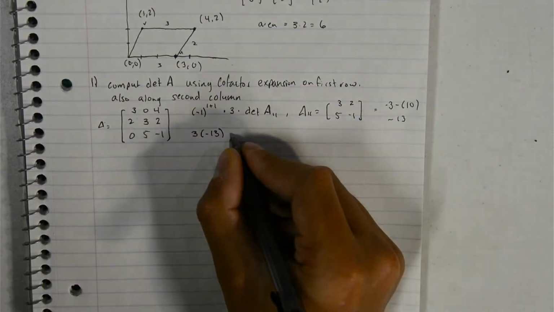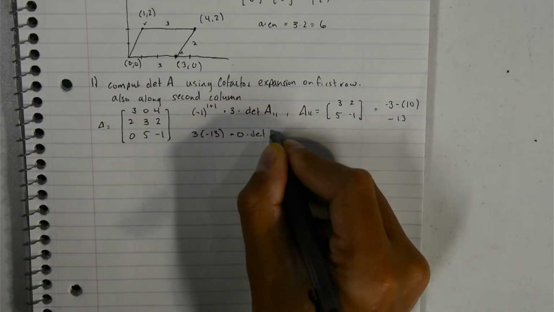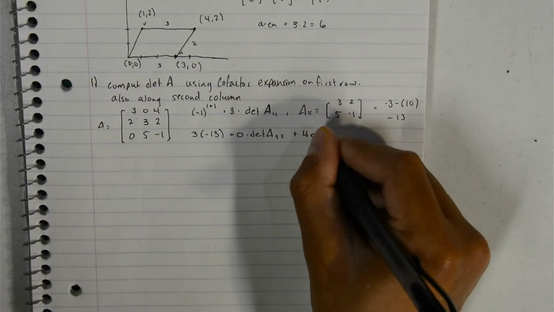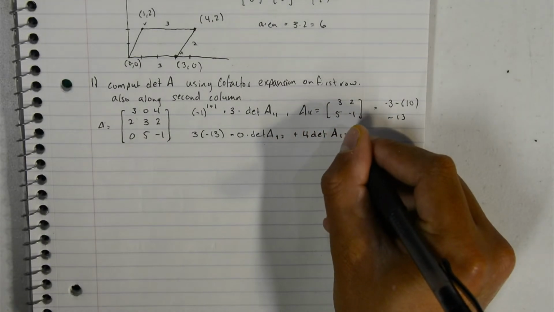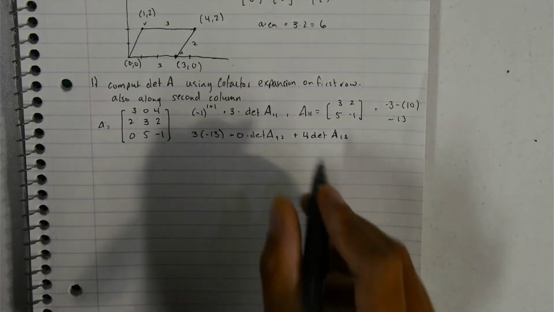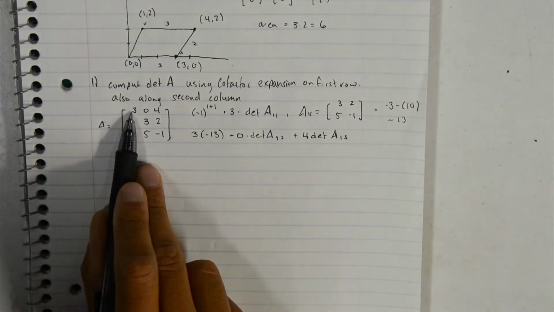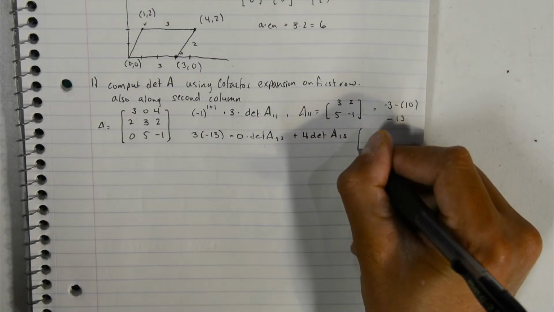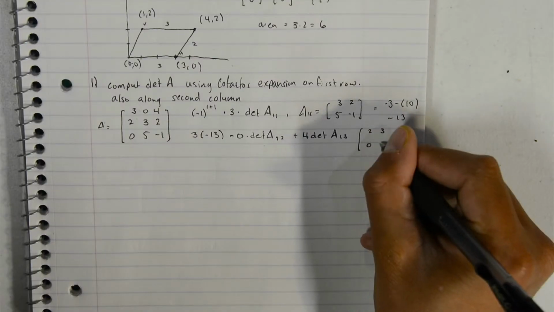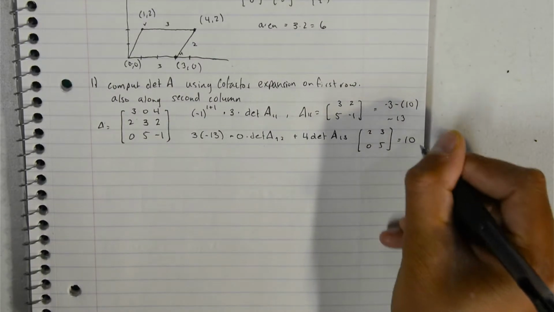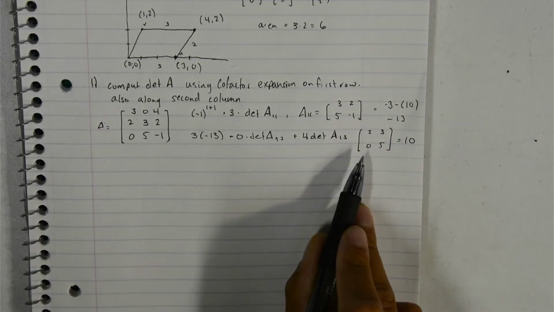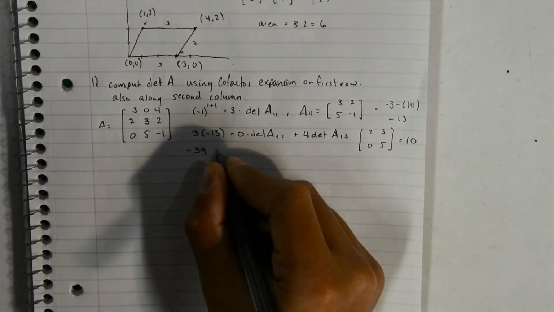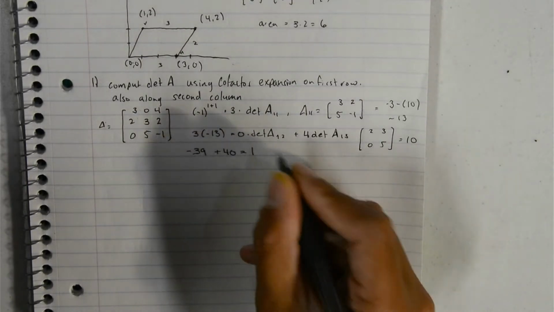Then we're going to get minus 0 times det A12. And then finally plus 4 times det A13, which is, we remove the first row and the last column. So this is going to be 2, 3, 0, 5, which is equal to 10. The det of that is 10. So we're going to get minus 39 plus 40 is equal to 1.